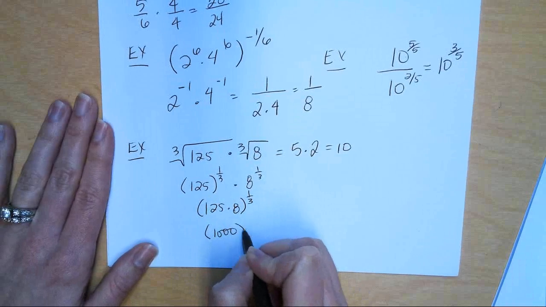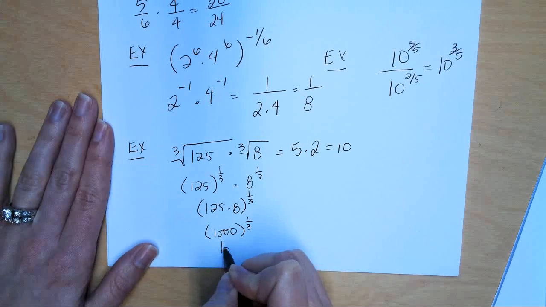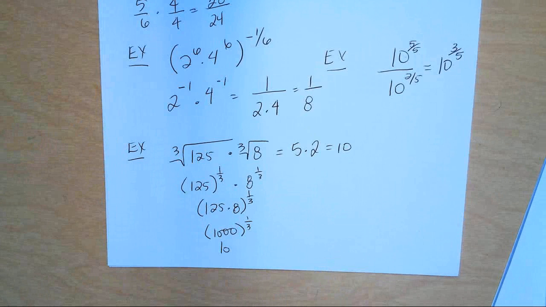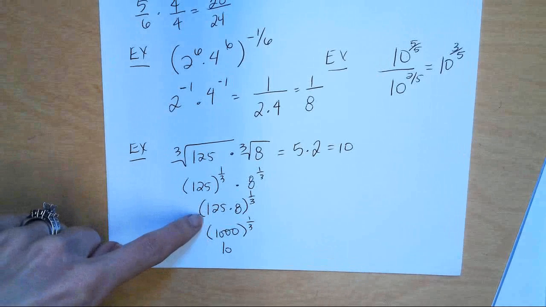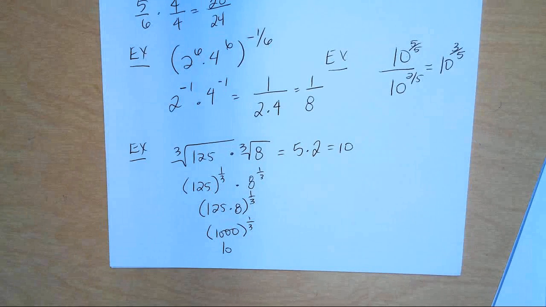If they have the same base. Yeah, but they aren't really. So you could take out the 1/3 and multiply like this, but other than that, you can't do anything to it.